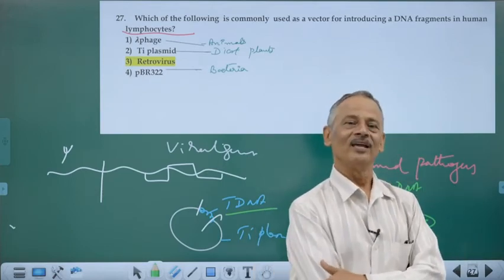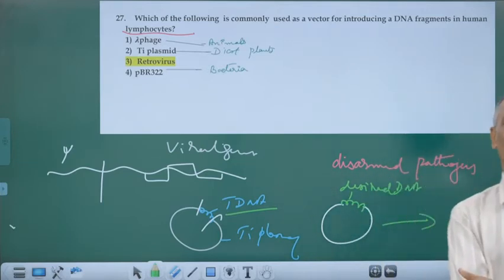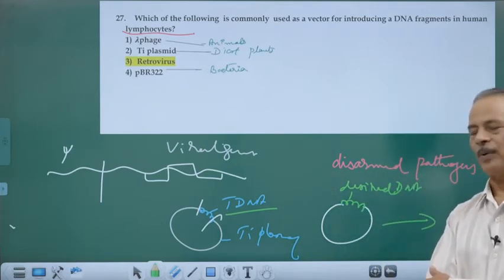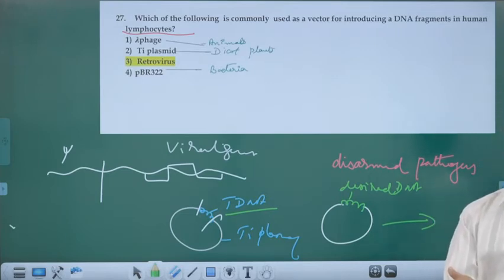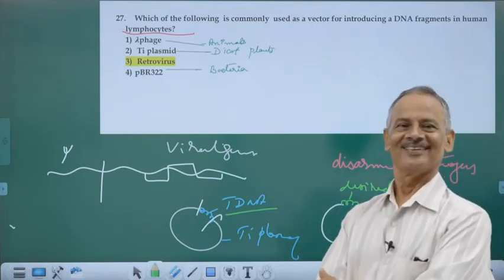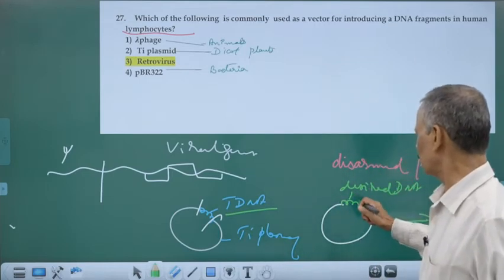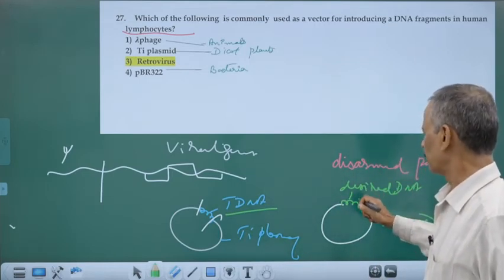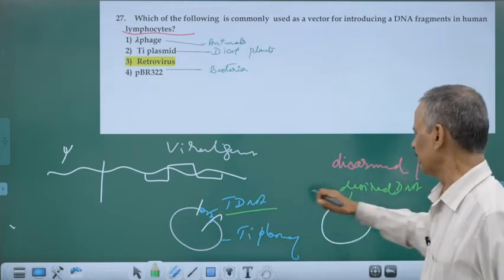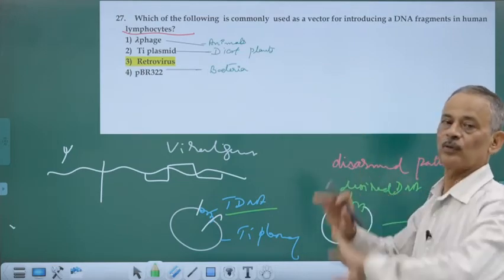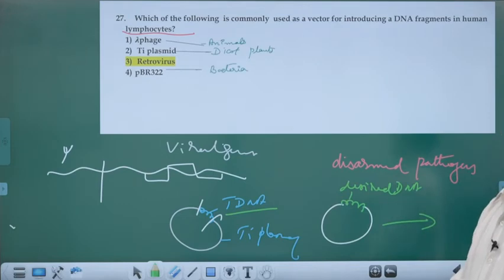That's why this tDNA containing Ti plasmid of Agrobacterium tumefaciens is called nature's genetic engineer. It can transfer the DNA artificially placed in the tDNA position. This desirable DNA alone will be given to the genome of the host cell.